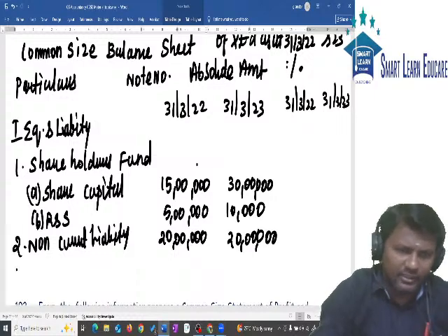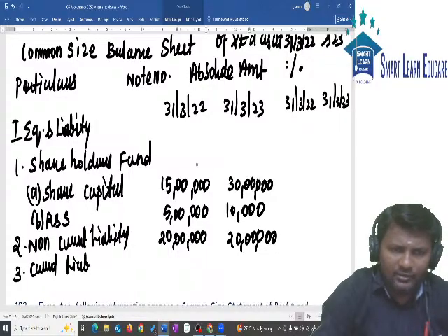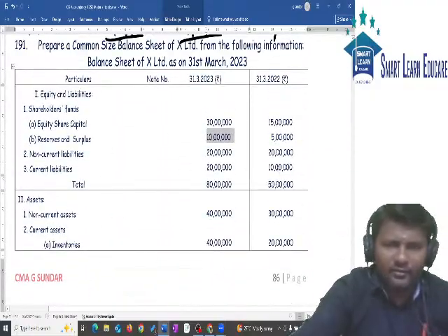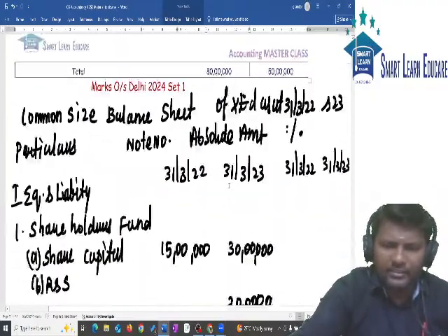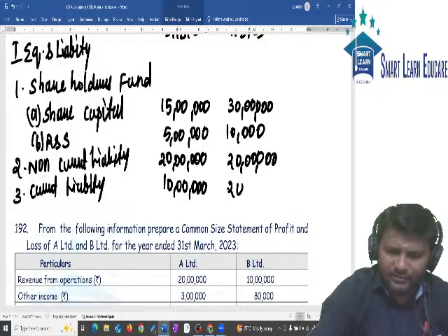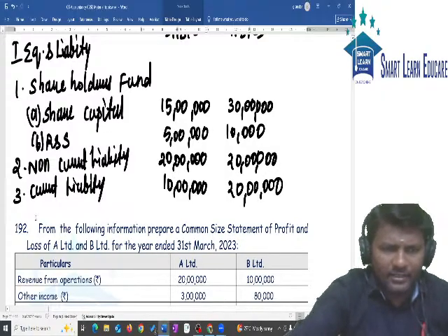Next one, it is current liability. What is the amount of current liability? 10 lakhs and 20 lakhs. Now we have a balance sheet total of liability side.